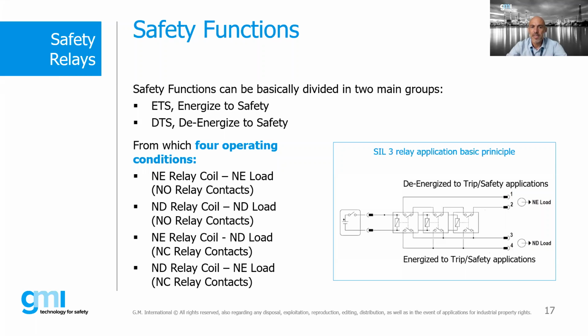In this case, we can have four different conditions because you can have different positions for the relays. Those are the four conditions, and you can see them also in the drawing on the right side. Basically, here on the top you see the normally energized load.